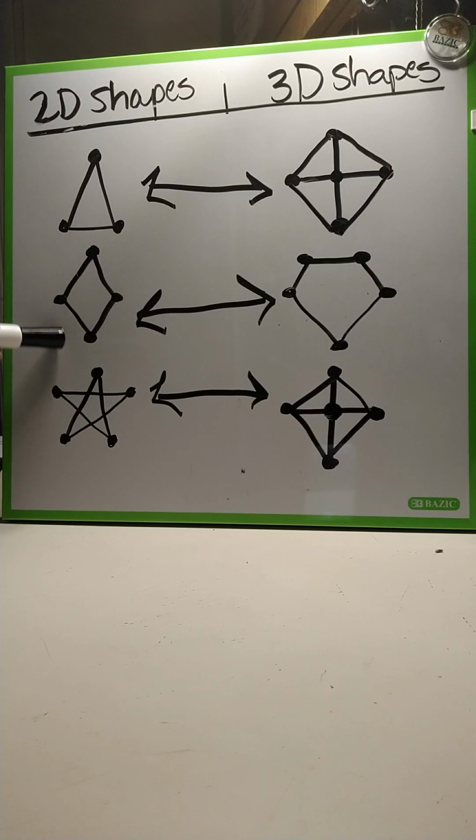These are in 2D. You got 3 points, 4 points for a diamond or a square, and you got 5 points for this star here.